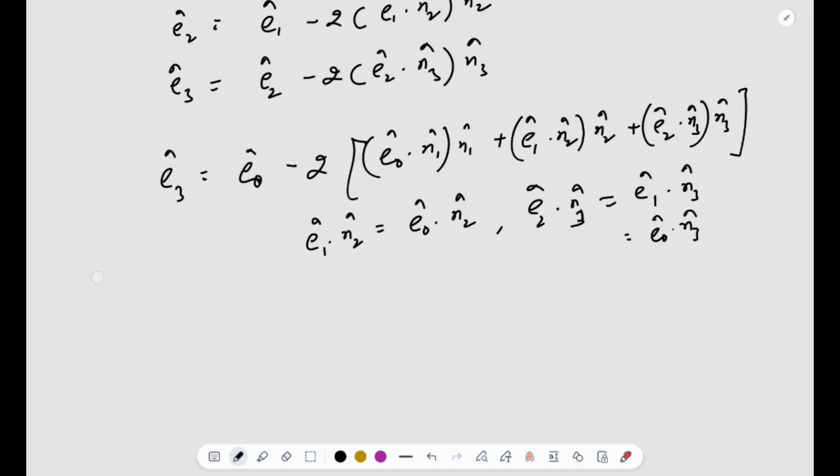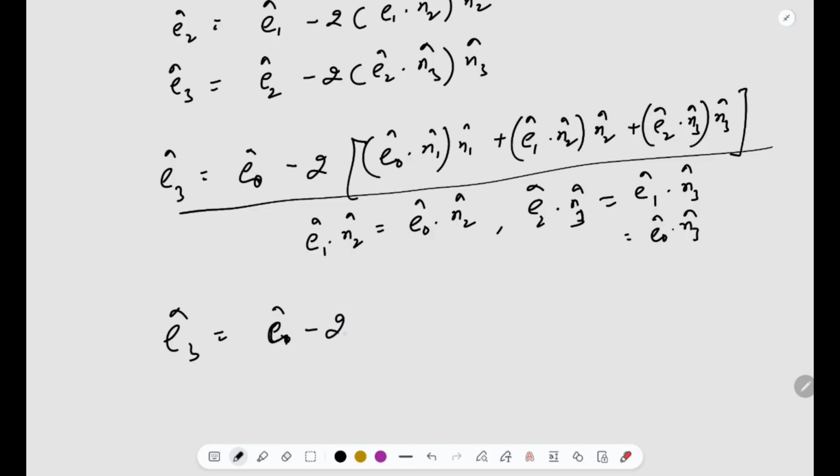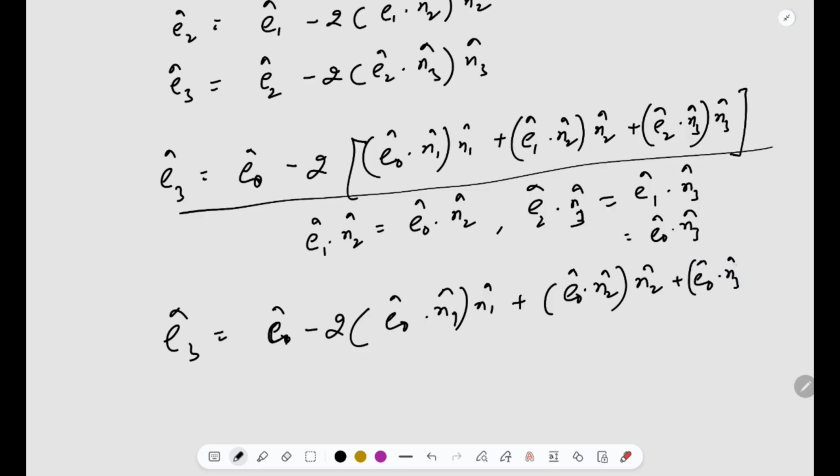So in this formula E3 can be written as E naught minus twice [E naught dot n1 times n1 plus E naught dot n2 times n2 plus E naught dot n3 multiplied by unit vector n3].